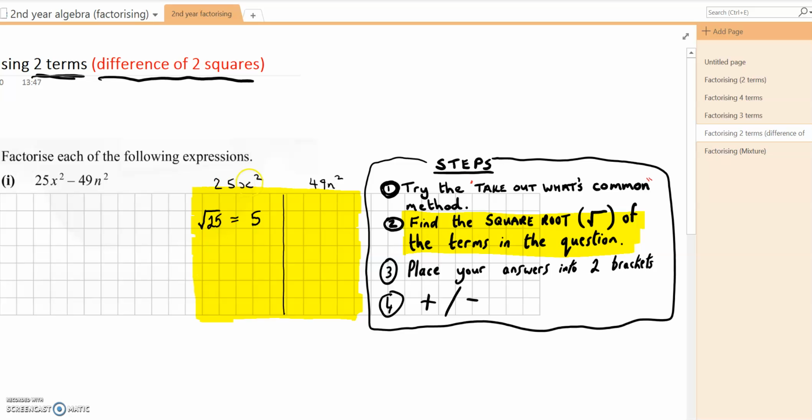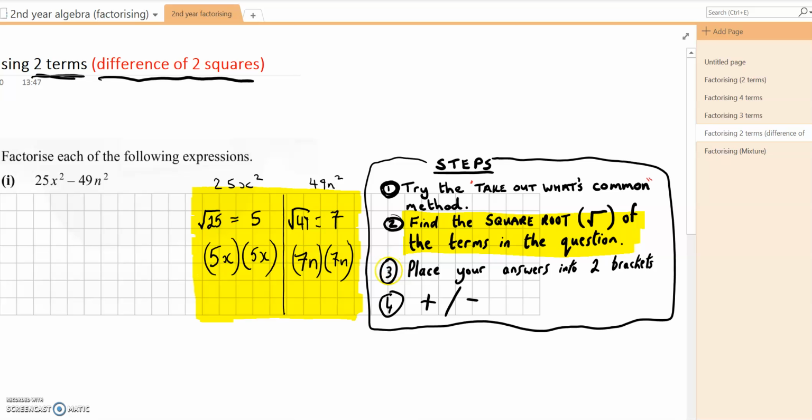So the square root of 25x squared would be 5x by 5x. What's the square root of 49? It's 7. So the square root of 49n squared is 7n by 7n. Okay, that's step 2 done.